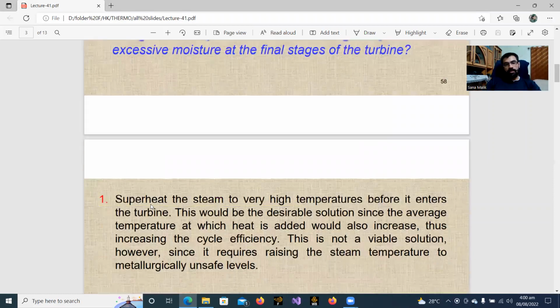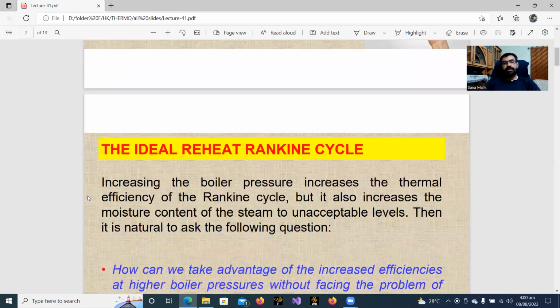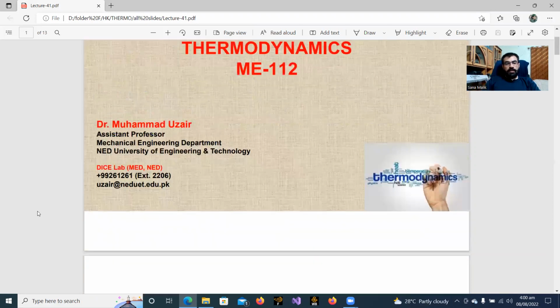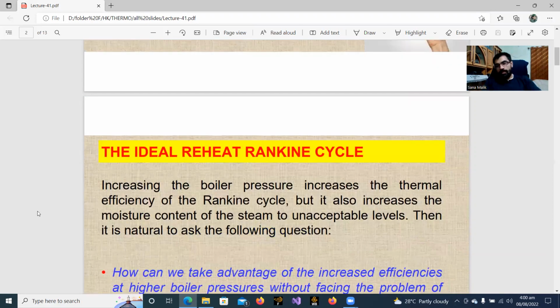So this is another ideal Rankine cycle, but we saw in the previous example that increasing the boiler pressure is the most efficient process, and the efficiency which came out in the increasing boiler pressure case was much higher.